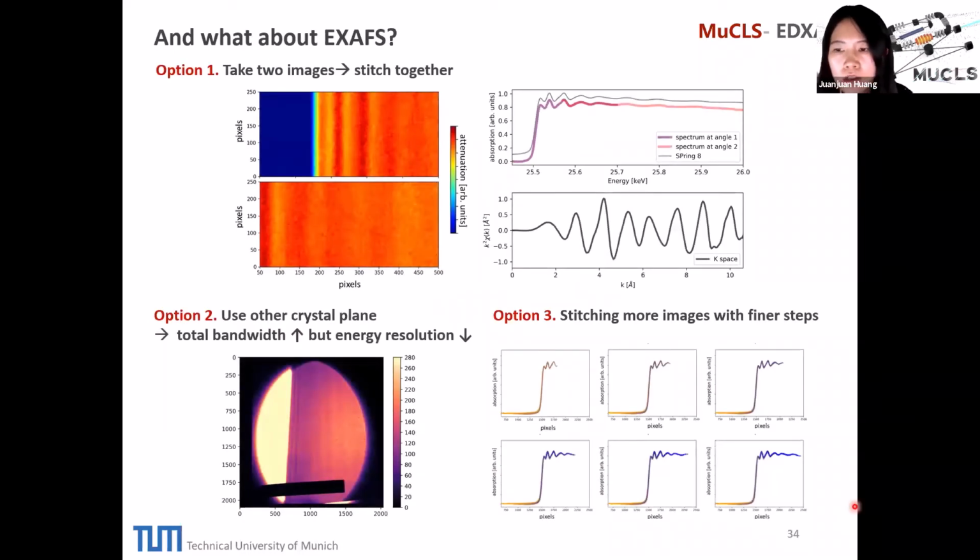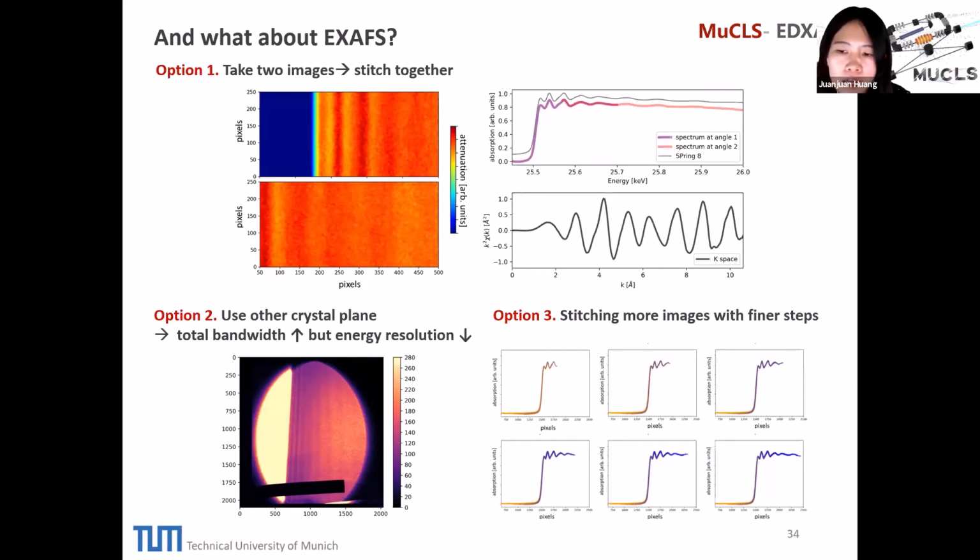Yeah, so before I show you some results of SIMS, what about the XAS measurements? So far, there are different options to extend the energy range to measure XAS. The first way is to stitch two images at two different energy ranges, also by rotating the crystal.